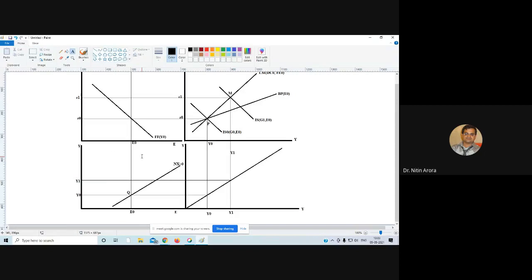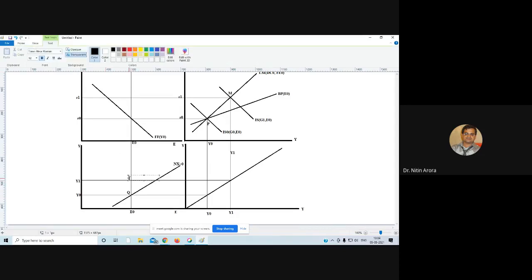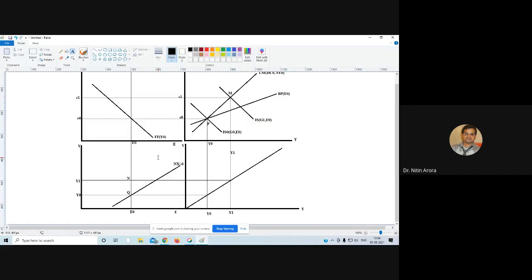With this higher income level, obviously we are in the deficit portion. Say we are at point N. Okay, N is my point to the left of the net exports curve. Obviously, we are observing a deficit in the current account because income has increased. So import demand has increased.